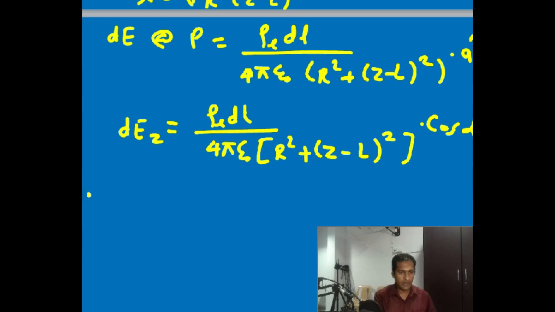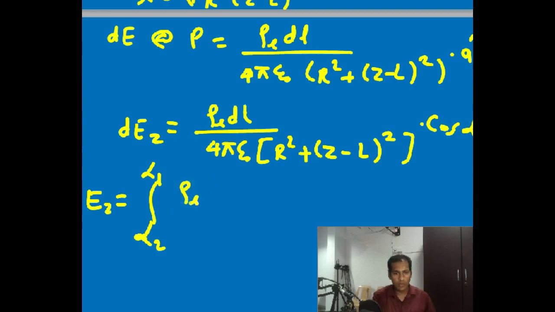So if we put the limit, we can find out the total Ez. This Ez will be for alpha 2 to alpha 1. That is where we have to find out the electric field intensity.